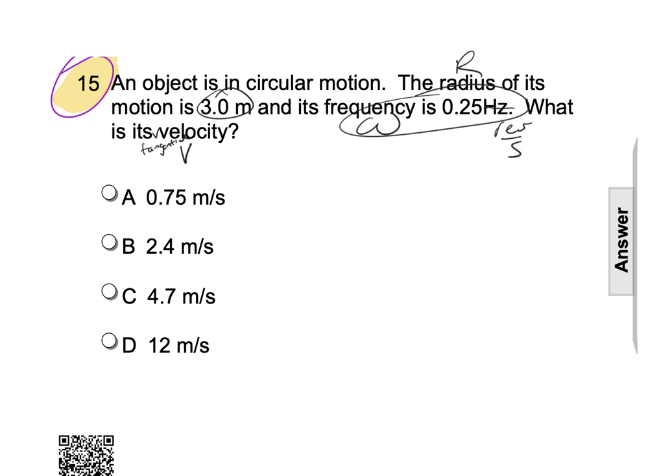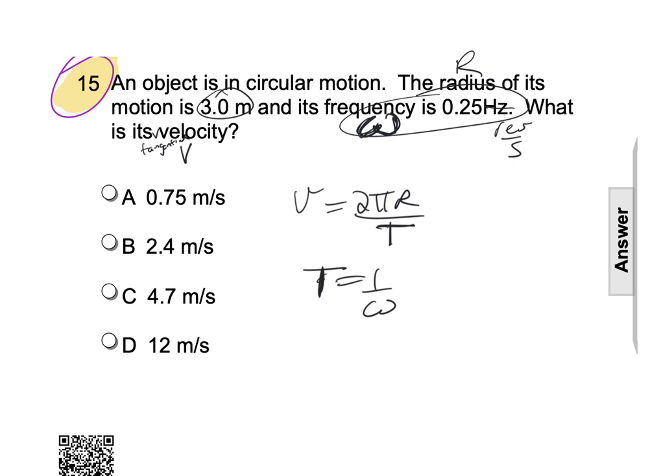Okay, so again, V equals 2 pi r over t. But since they gave me the angular frequency, I don't have the period yet. You should remember from what we did a few minutes ago, big T, the period, is 1 over angular speed.